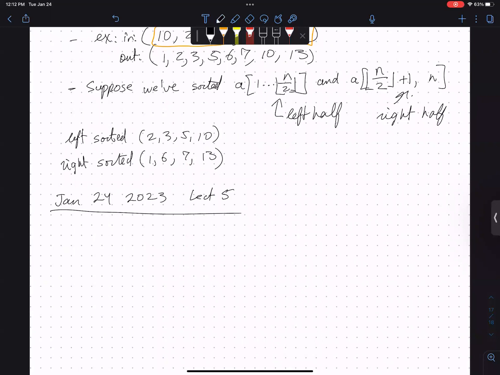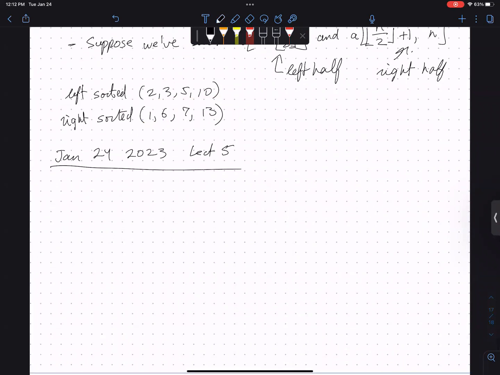Of course, you could just sort everything, but that defeats the purpose of only making recursive calls to smaller problems. You also have the fact that you've got the two halves sorted, so you can use that. So let's see, how do we merge?